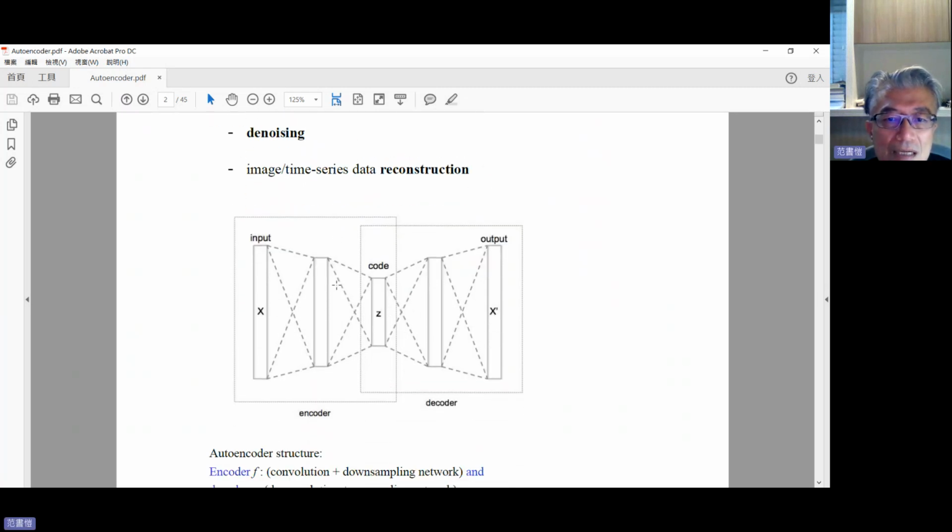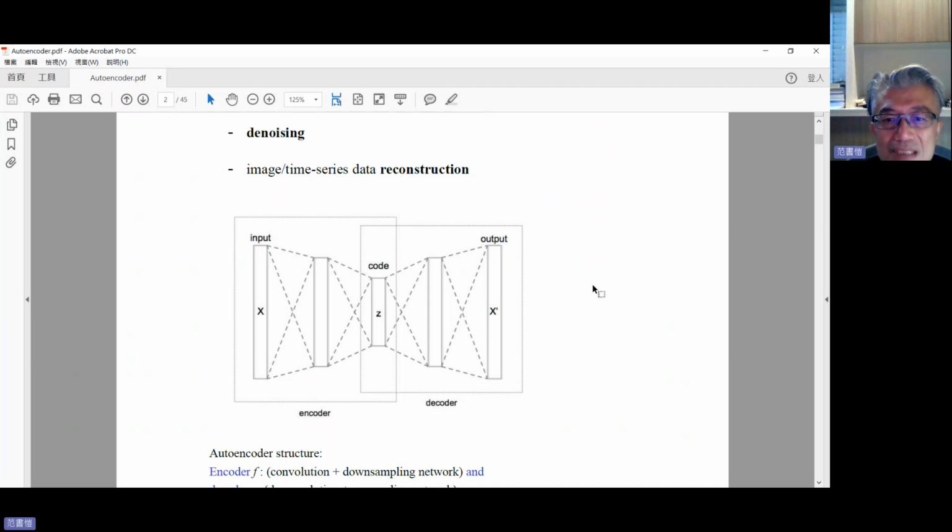You can see that this is the topology of the autoencoder. Input X, in between is called the code, or latent space, or latent layer, Z. Its size should be much smaller compared to the input.